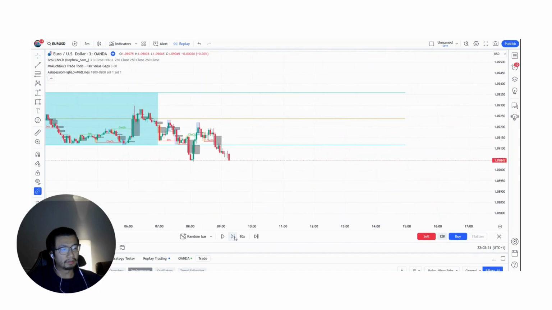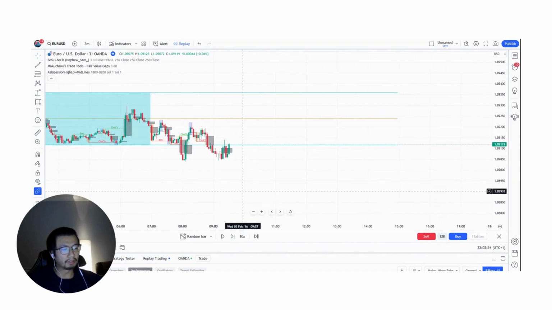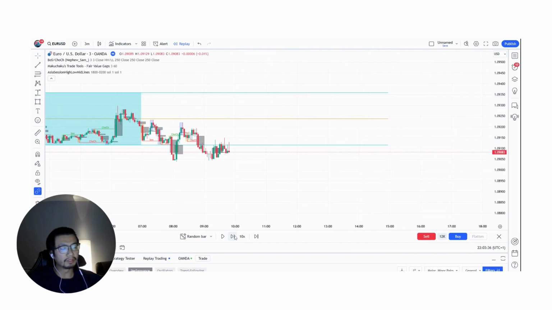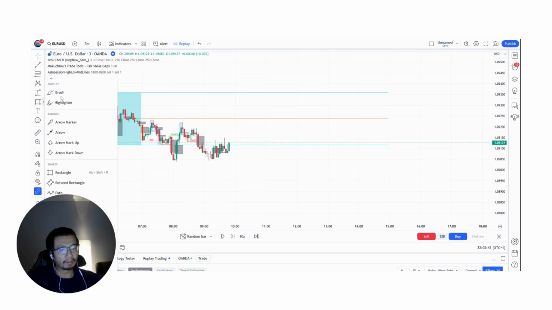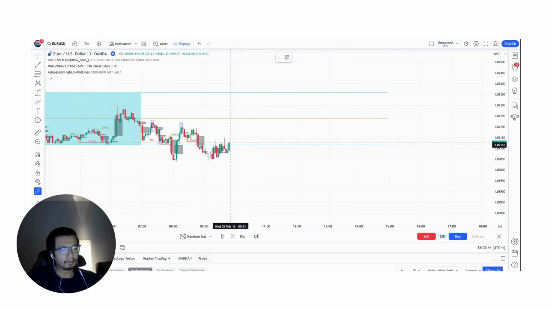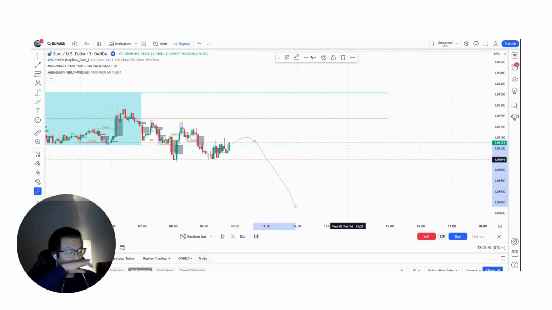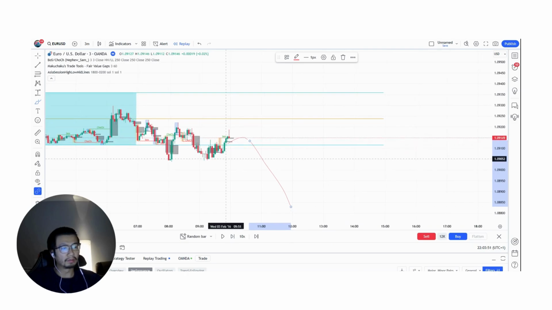Don't know the structure, but it's hugging around the Asia low, which means it's trying to go low and potentially do something. Could be, I don't know. I really don't know. It could go up.